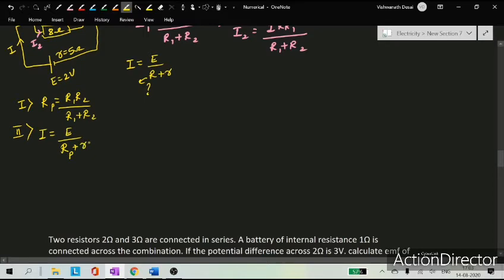If in a question they have given negligible internal resistance, then r will not be there, and it just looks like Ohm's law, I is equal to E by R or V by R, right?